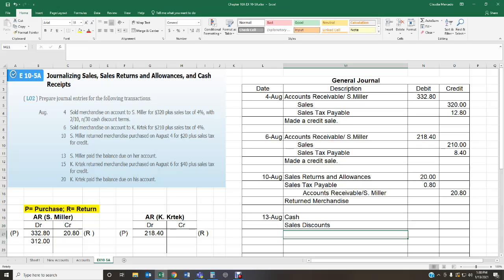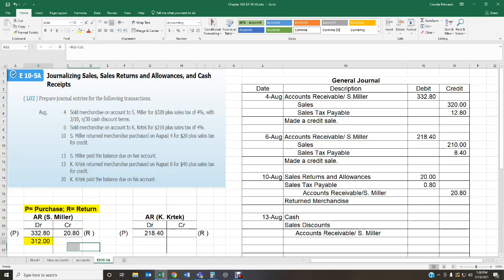Okay? And of course, we have to clear our accounts receivable. We want to remove the accounts receivable from the books so we can show that the balance has been paid. So those are the three accounts that are happening here. Before we start, the first thing we should do is figure out how much Miller owed us.